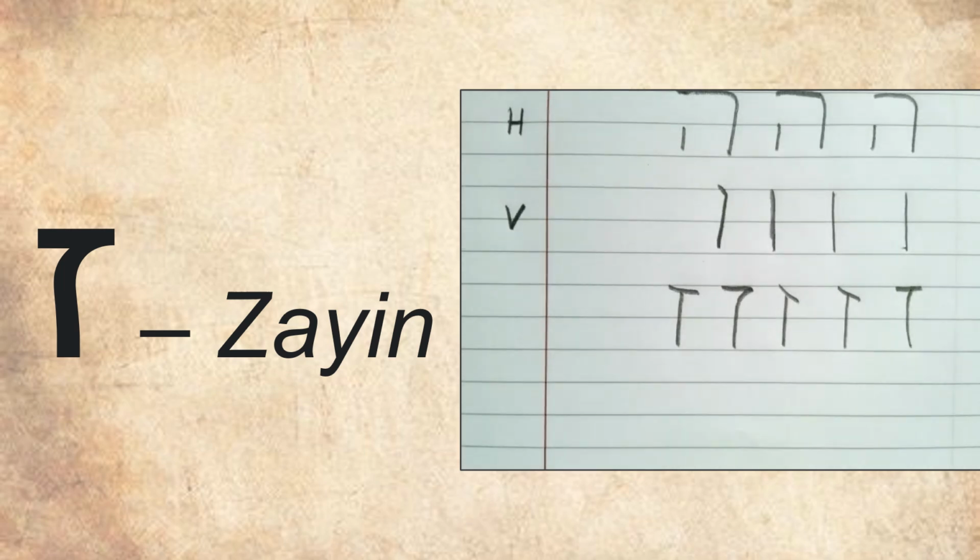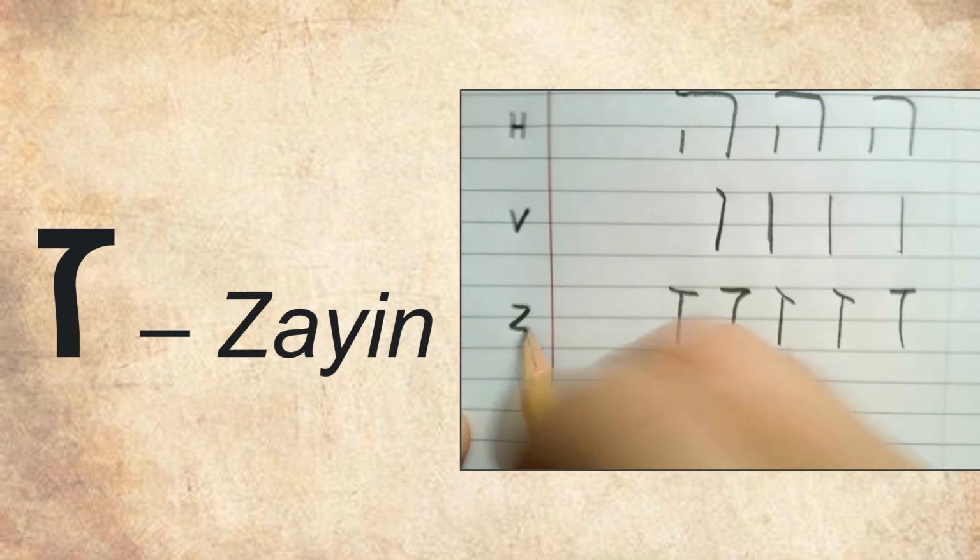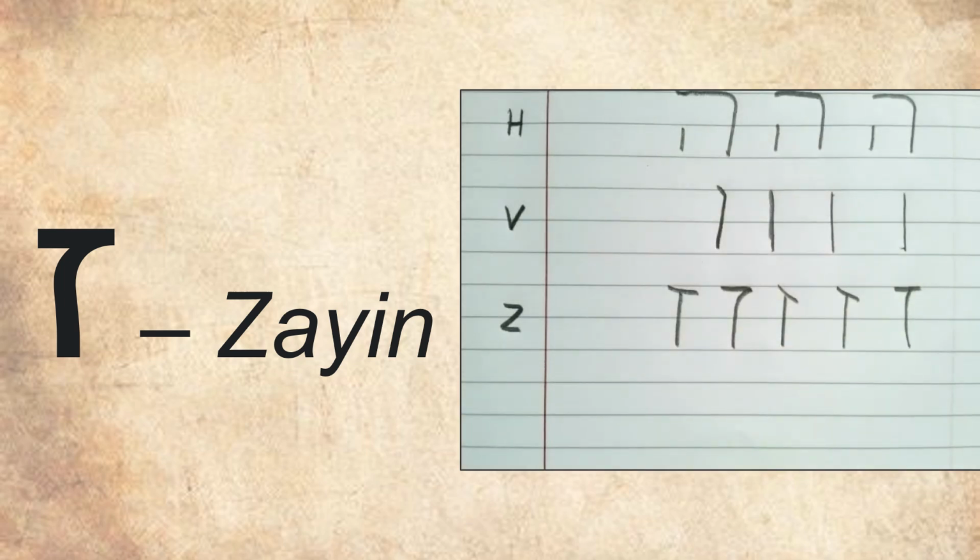Now, the Zayin is a sibilant making a Z sound, as in zoo, or think of the sound a bee makes, zzz. So you can use the English letter Z to transliterate Zayin.